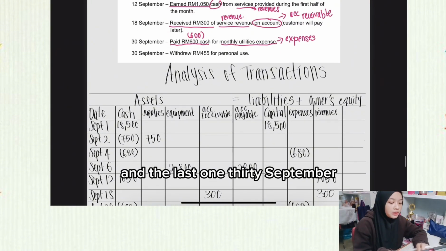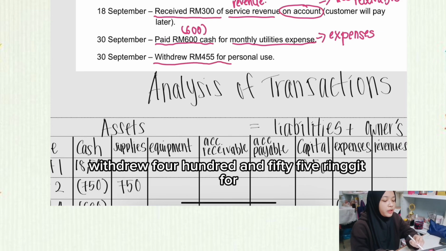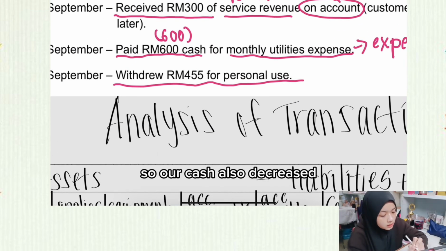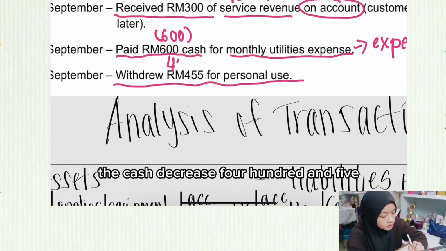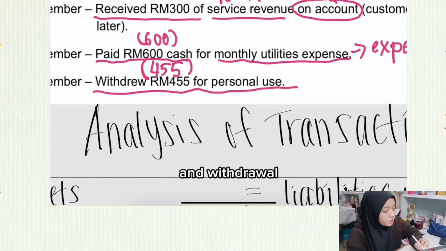And the last one, 30 September, withdrew 455 ringgit for personal use. So our cash also decreased. The cash decreased 455 ringgit, and withdrawal is under owner's equity.